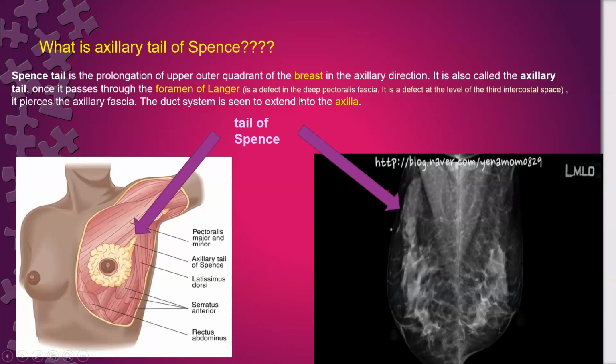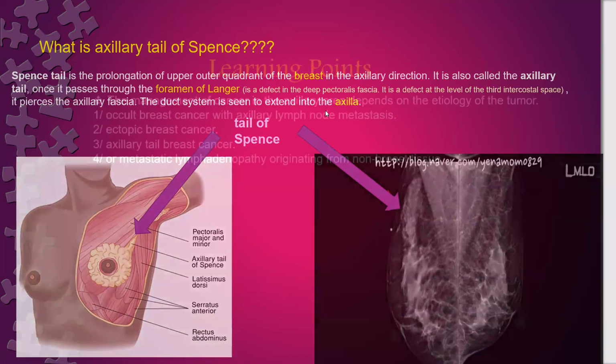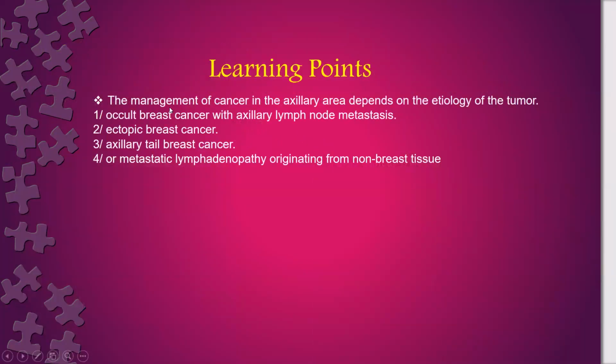And if you find there is interrupted, no tissue, and you find something within the axilla, most likely it will be just an ectopic breast. If you have seen the breast extending up, then it will be axillary tail of Spence.